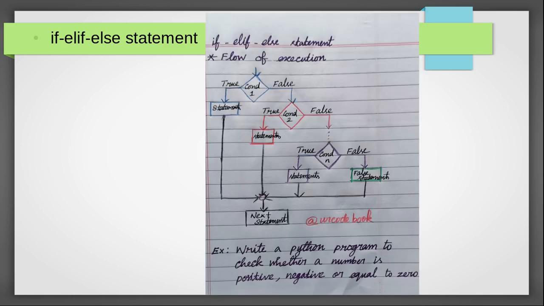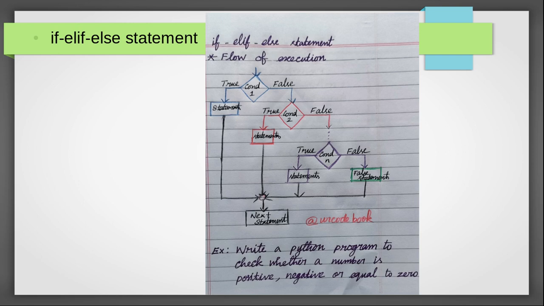So what is the flow of execution of the if-elif-else statement? Look at the diagram. If condition 1 evaluates to true, the particular statements are executed and then control goes to the next statement, so other parts are not executed.